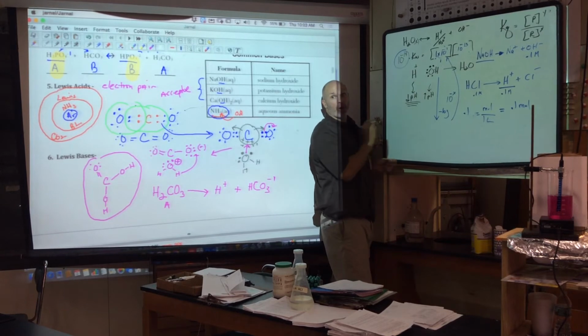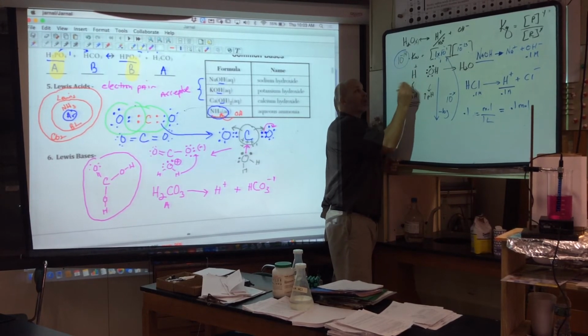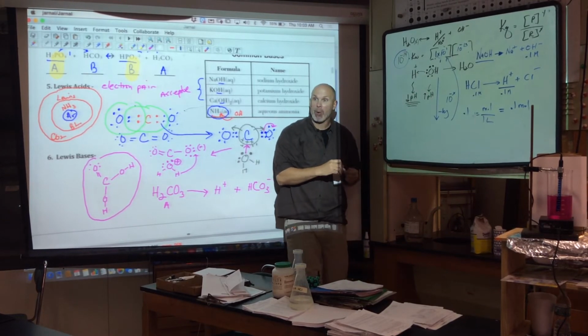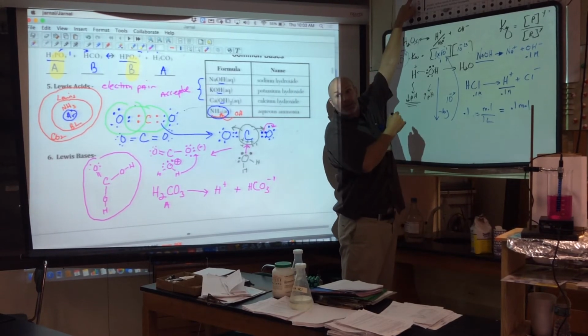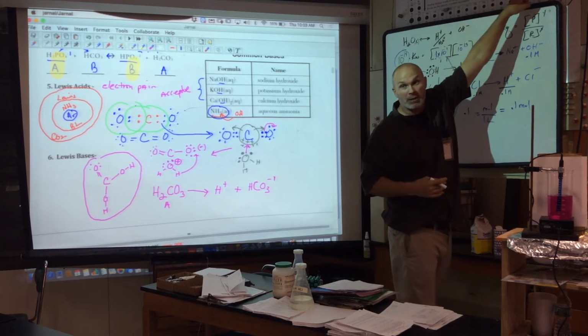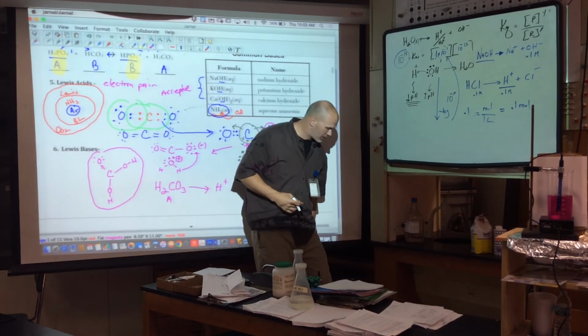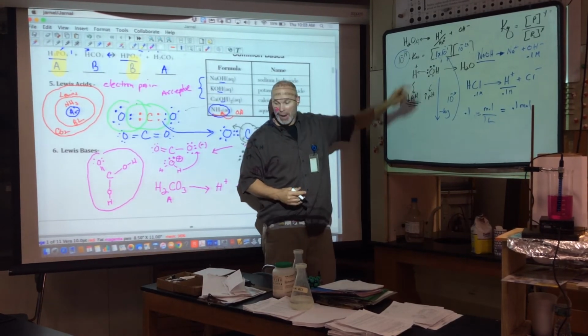What's happening to make water? What is the H plus doing? Going to the H. It's not donating, it's accepting a lone pair. And why would it want a pair? Here's H. H has no electrons, H plus. And when it becomes 2 electrons, it fills its what? Energy level. So on the most simplistic terms, okay, this guy accepts a pair of electrons.